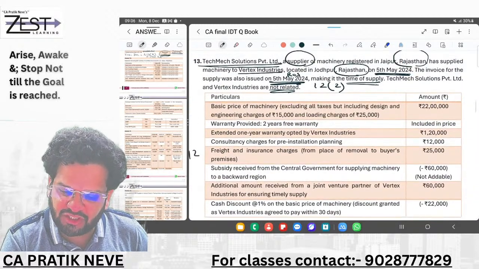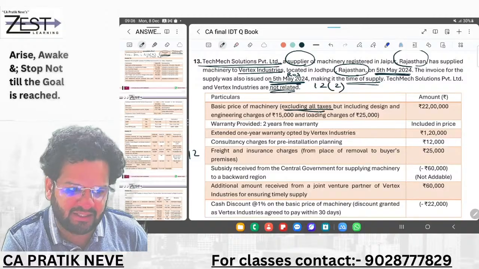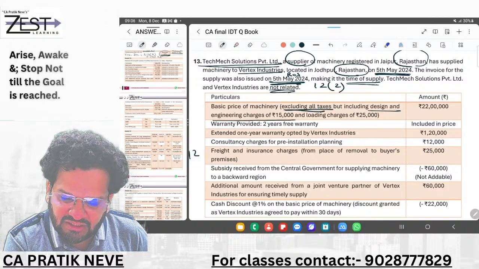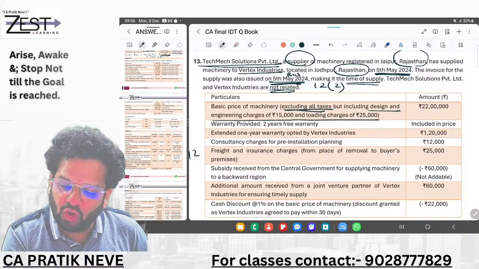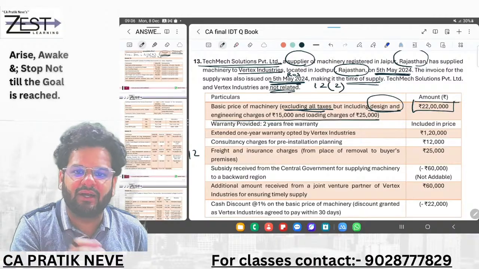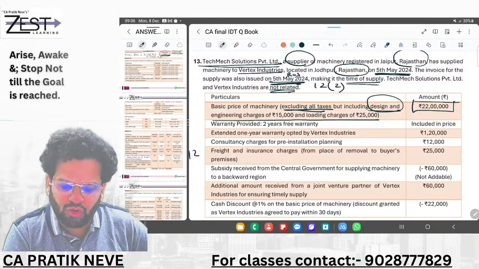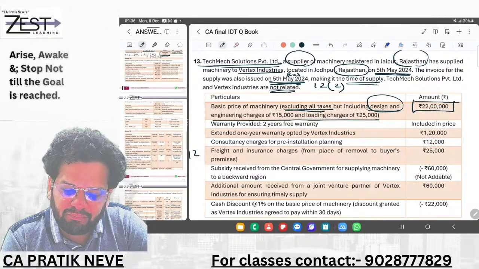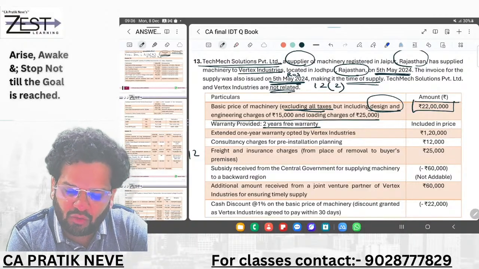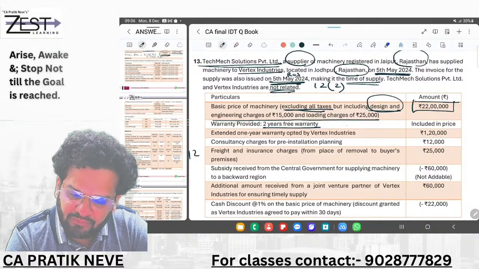Basic price of machine excluding all taxes but including design and engineering charges and loading charges. Don't do anything with that because it should have been included and it is included. Warranty provided, it is already included in the price. It's 2 years warranty, no effect.